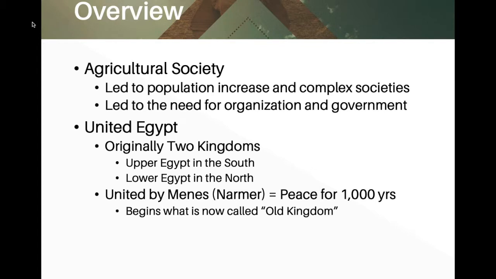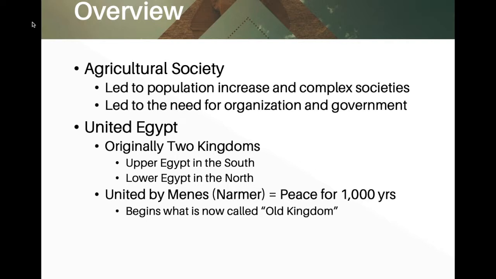Let's go back here briefly, talk about Menes. He's sometimes identified as the earliest Egyptian ruler that we know. He was an ambitious minor official from southern Egypt. This information is from your textbook.